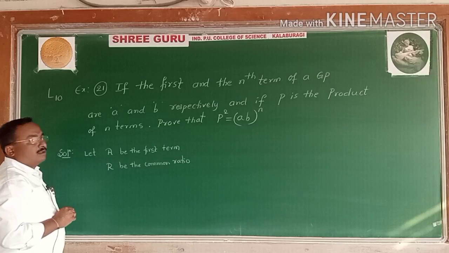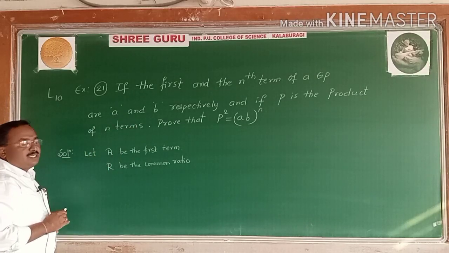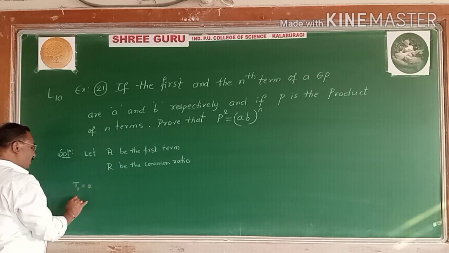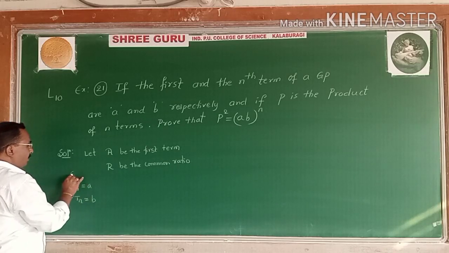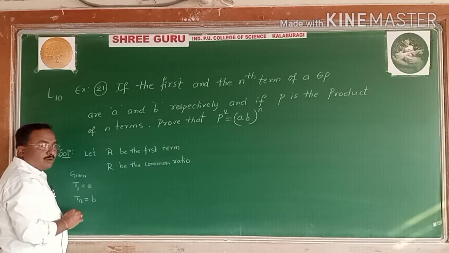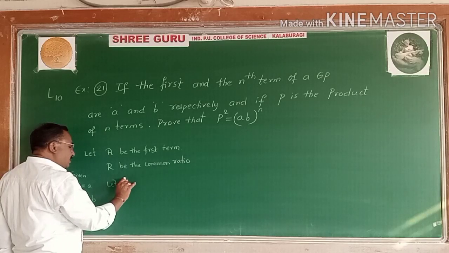First term and last term are given: first term T1 is equal to small a, Tn is equal to small b. Let P mean the product.